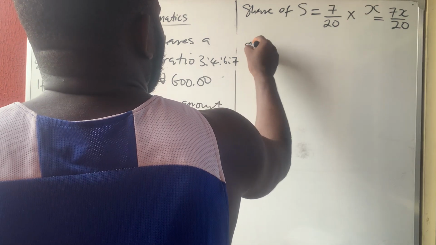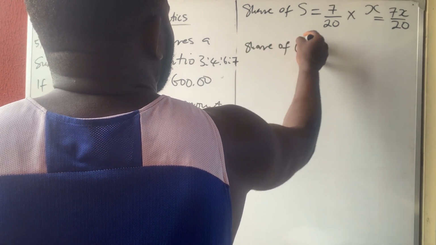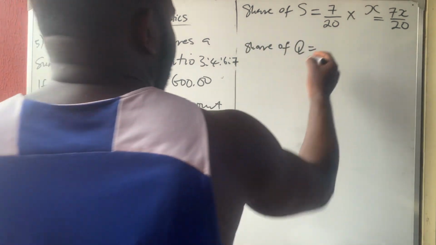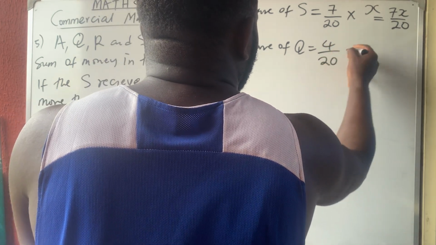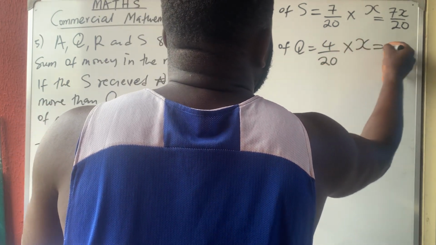So the share of Q will now be what? The ratio of Q, 4 all over the total ratio 20 times the total money they are sharing over 1.